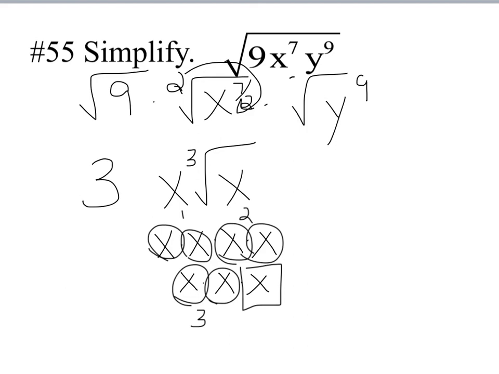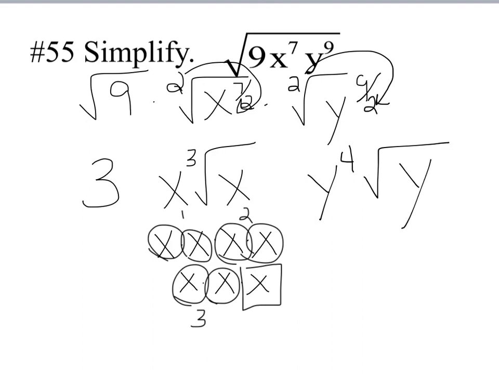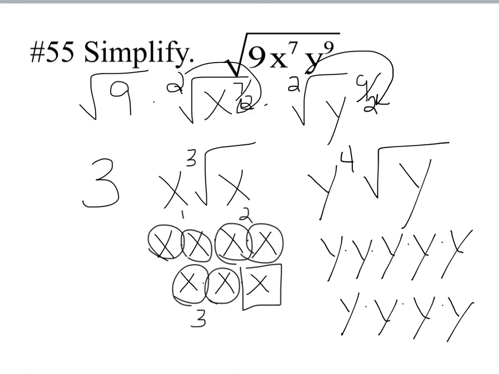Here, again, you can bring back the 2 and say 9 divided by 2. 2 goes into 9 4 times with 1 left over. Okay, so that means I can bring y to the 4th out front and then put the square root of y left underneath the radical. Or you can say y times y times y times y times y times y times y times y times y, 9 times, right?